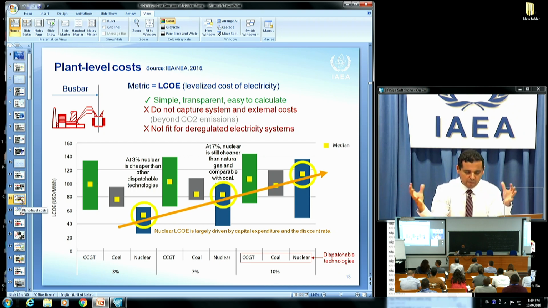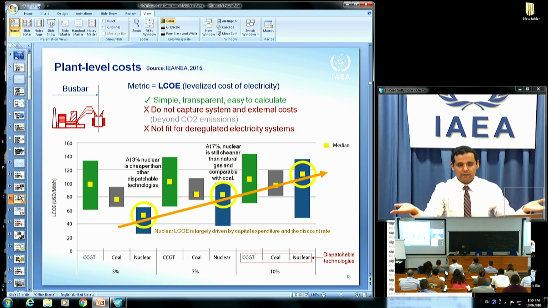So to have a common basis for comparing expenditures that are incurred at different moments in time, we use a concept that is called discounting. So we basically bring all future expenditures to the present, and then after discounting and bringing all these expenditures to the present, we divide all these expenditures by the total volume.